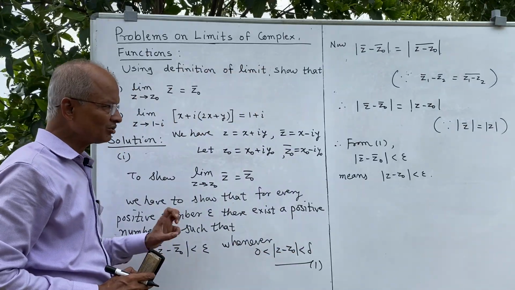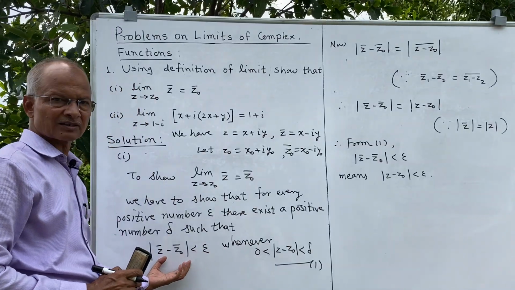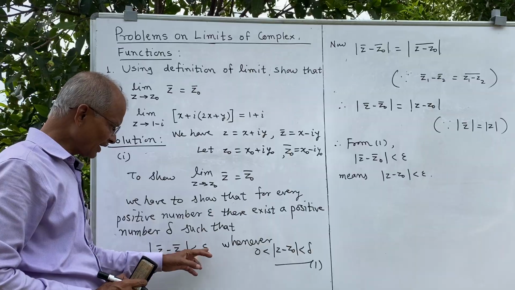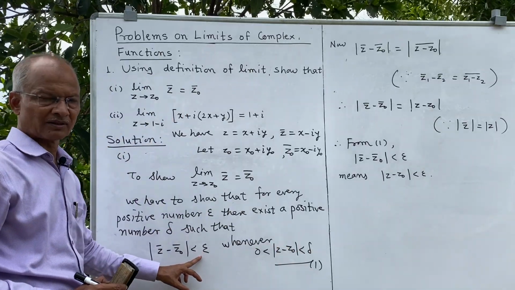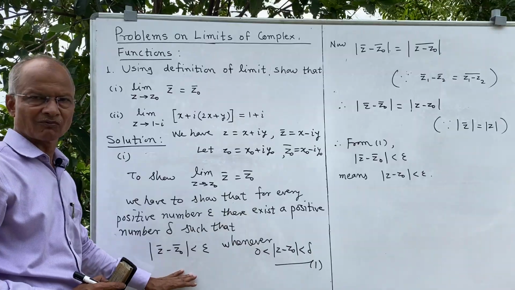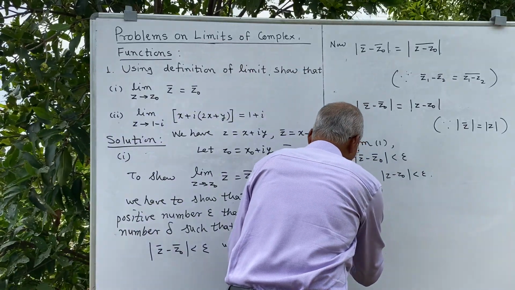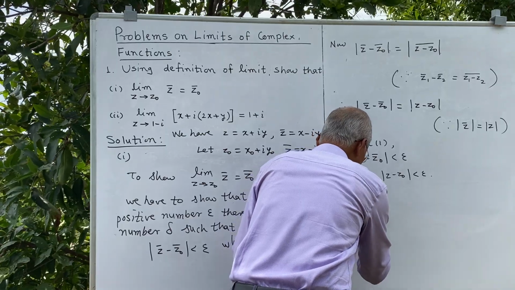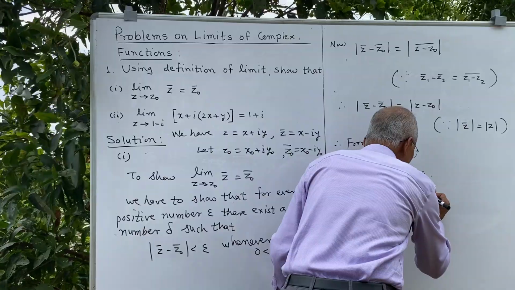And we want to select delta. We want to make this smaller than epsilon, and therefore we select delta equal to epsilon, then statement 1 will hold. So we choose delta is equal to epsilon.